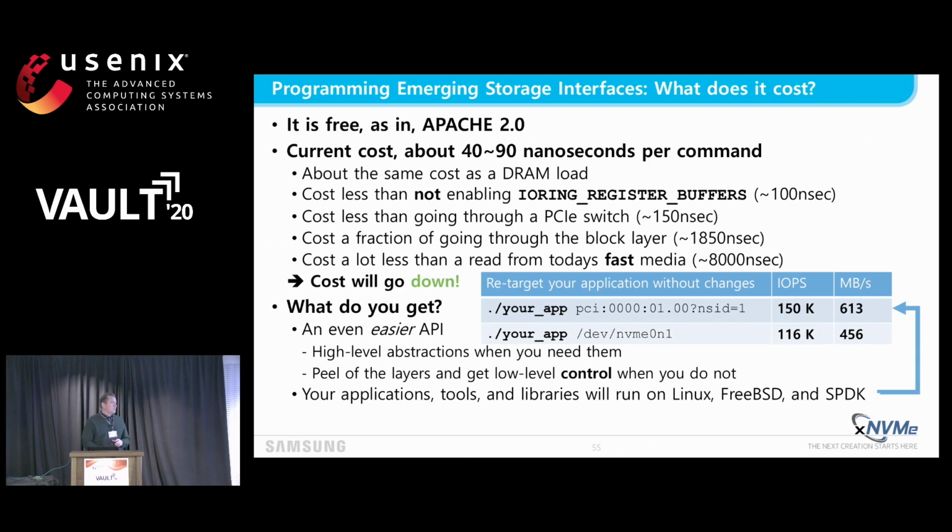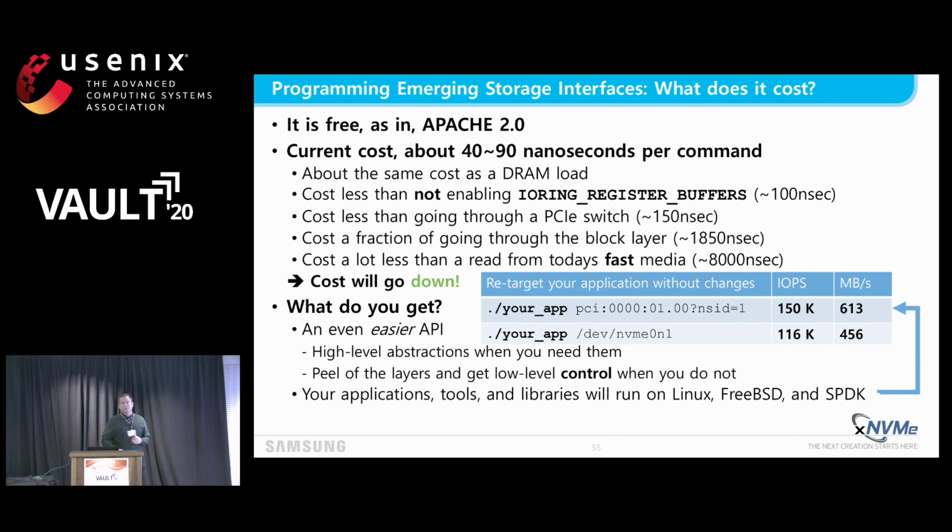But if you want to, you can peel off some of those optimized abstraction layers and take control yourself. So what you get is an easy API, and your applications, tools, and libraries will run on Linux, FreeBSD, and SPDK. One way of motivating that is that if all you're going for is performance, you can retarget your application without changing the code.